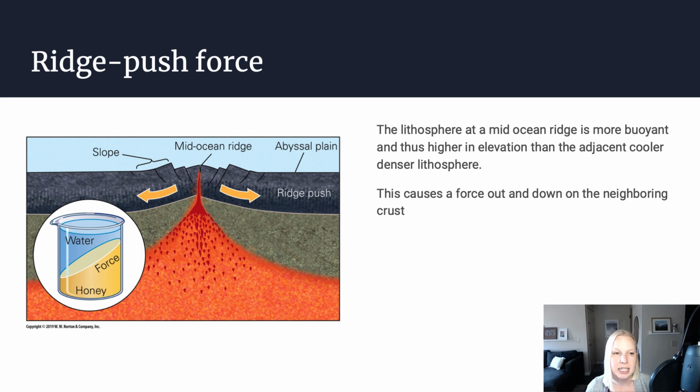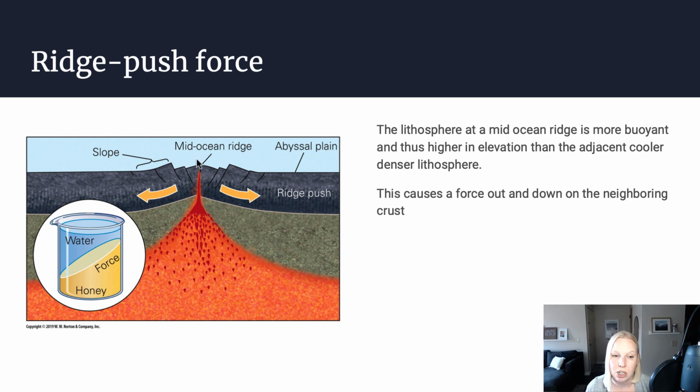One of those forces is what we call a ridge push force. This is occurring at divergent boundaries where we have two plates being pulled apart. What's happening here is we have relatively buoyant, warm new ocean crust that's being formed, right? And it forms these ridges because it's relatively buoyant. So it creates these higher elevation regions, these ridges in the center of the ocean. And what that does is it actually puts a force on the nearby cooler lower elevation crust next to it.